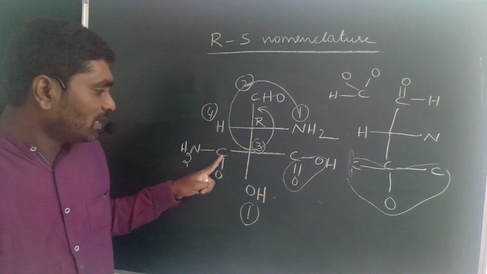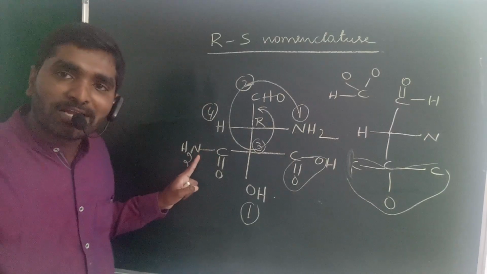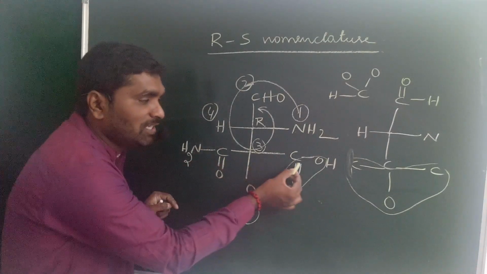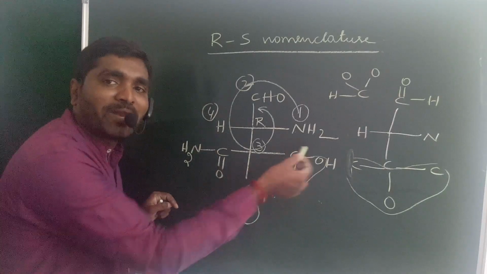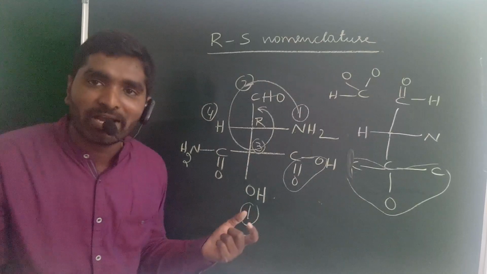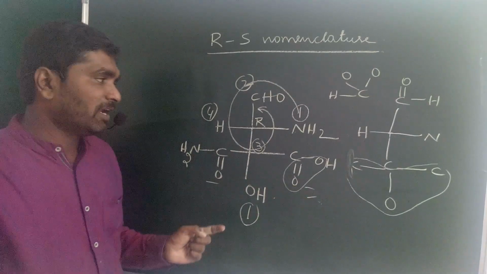Here the carbon is bonded with two oxygen atoms and one nitrogen atom. That means compared with CONH2, COOH always gets the higher priority, because oxygen has the higher atomic number than nitrogen. So among these two, this one has the higher priority.